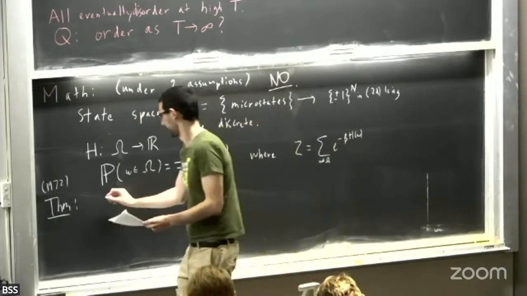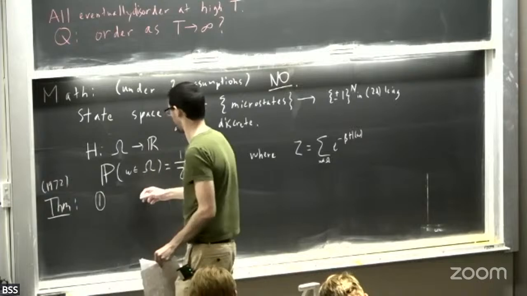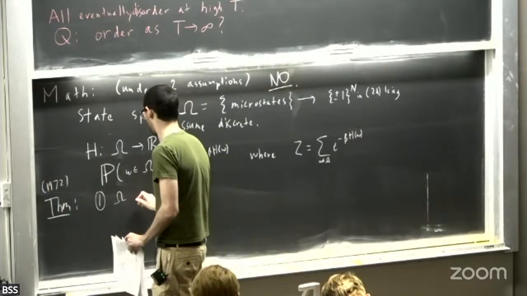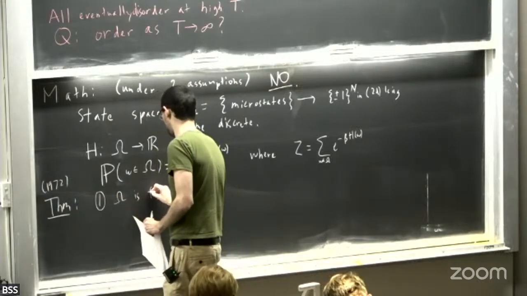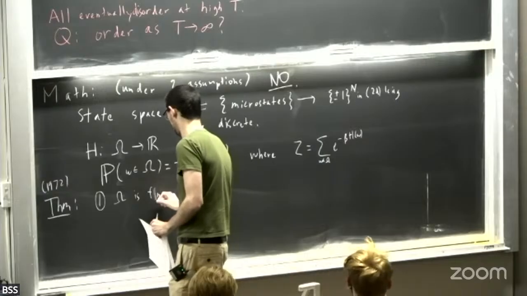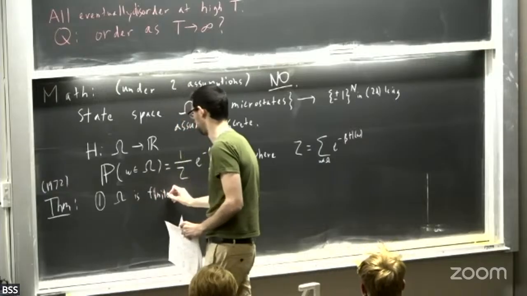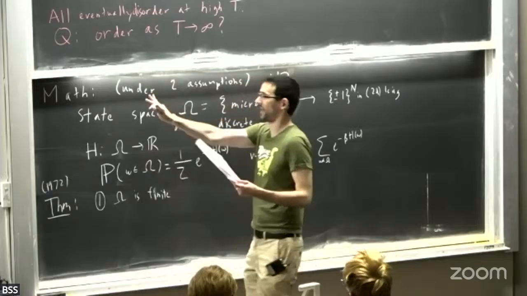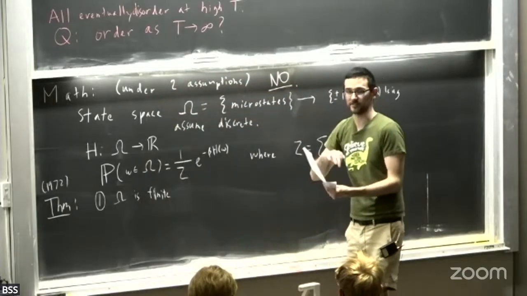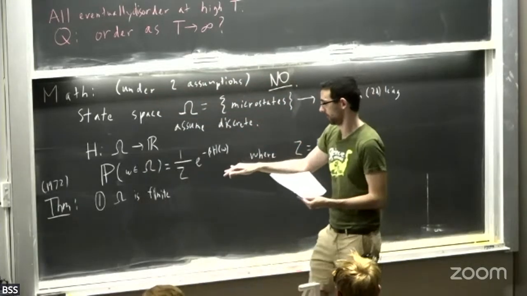And he says that basically if this set omega, for now, let me just say if it's finite. So here again, I'm imagining I have a finite size system, but it could be arbitrarily large.